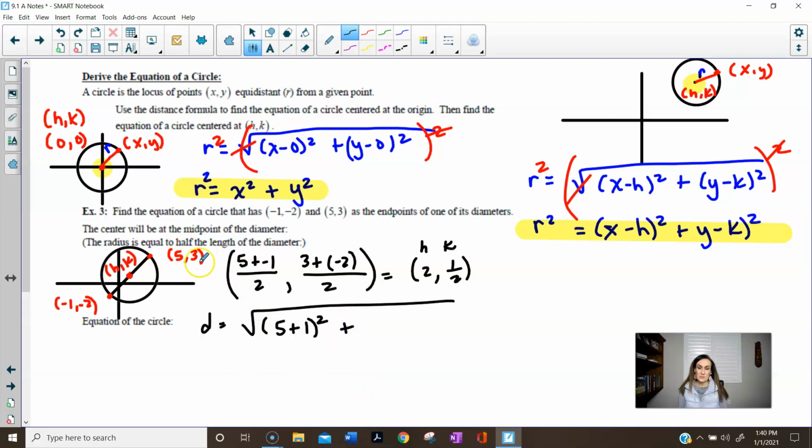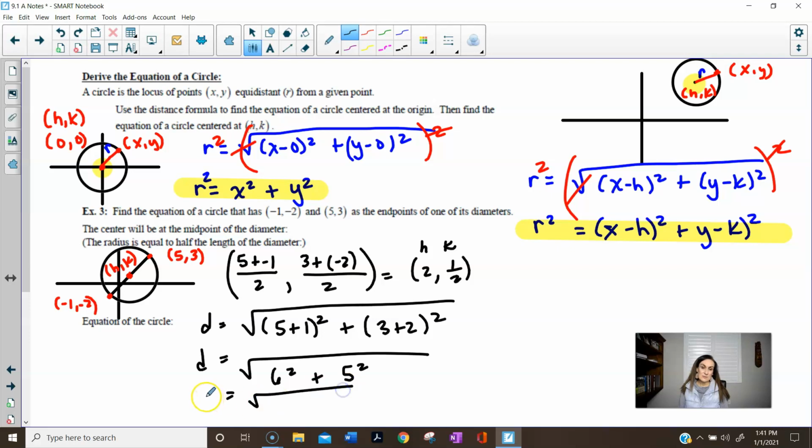So now start at 3 and subtract -2. So 3 minus -2 is 3 plus 2 squared. So the distance of this diameter is going to be the square root of 6 squared plus 5 squared.